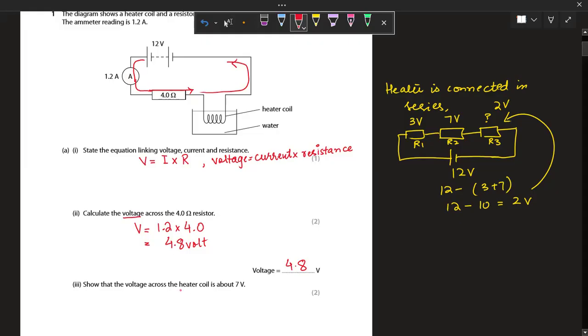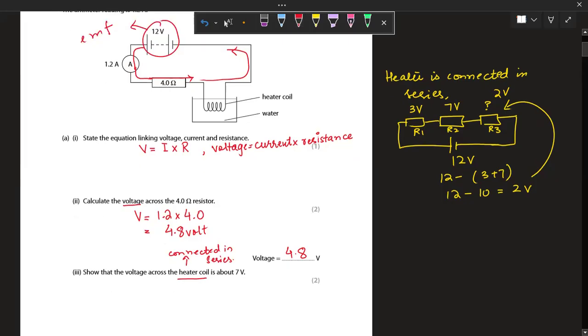So the heater is connected in series. What is the total voltage that we have? The total voltage is also called EMF, the electromotive force, that is the battery voltage as well.